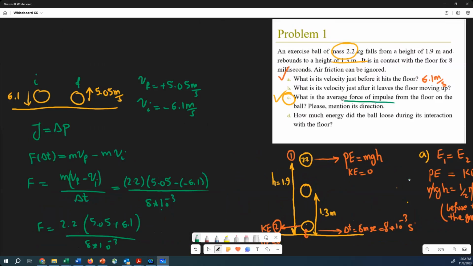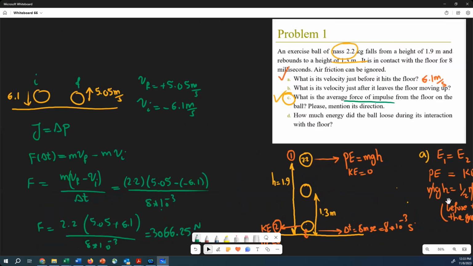That gives 3066.25 Newton. So it's telling us how much energy is lost, yes? Energy is being lost.